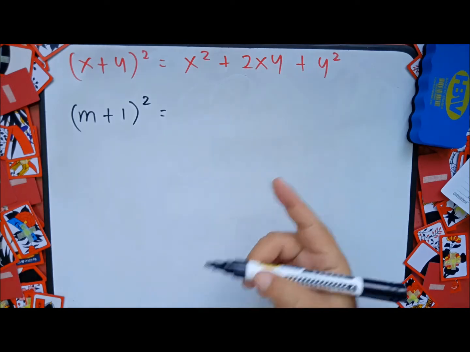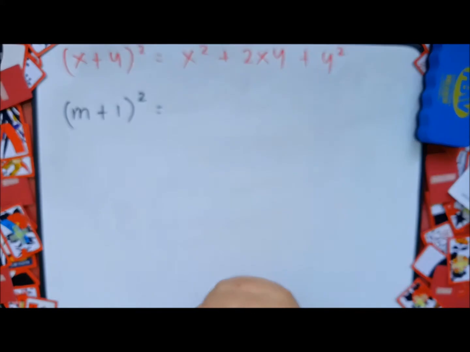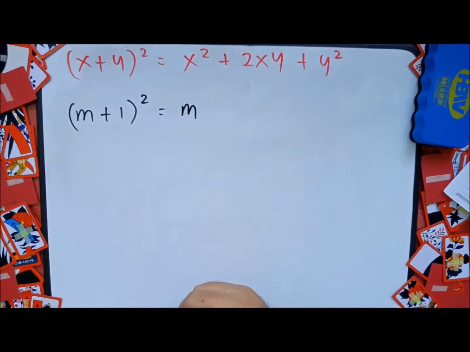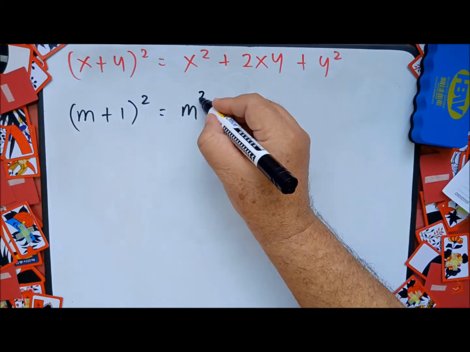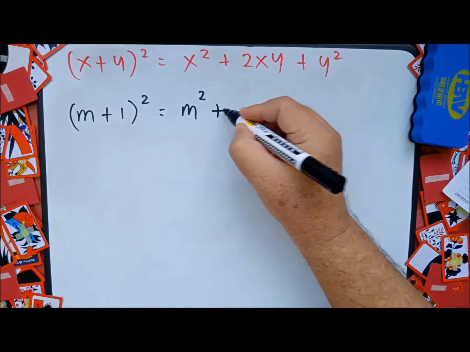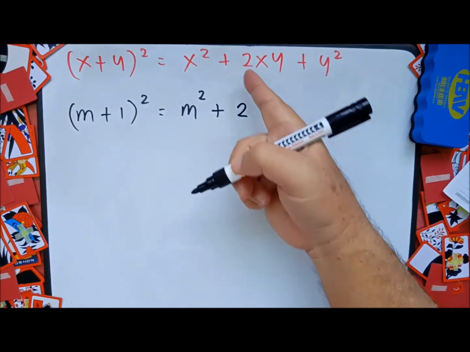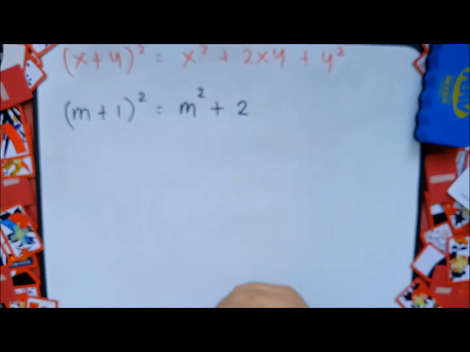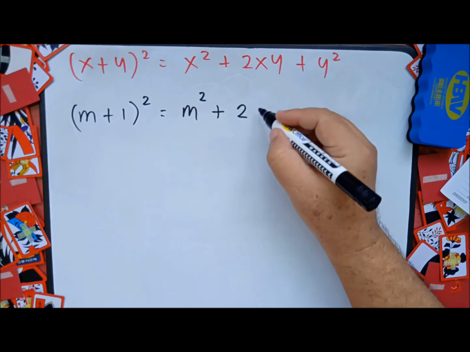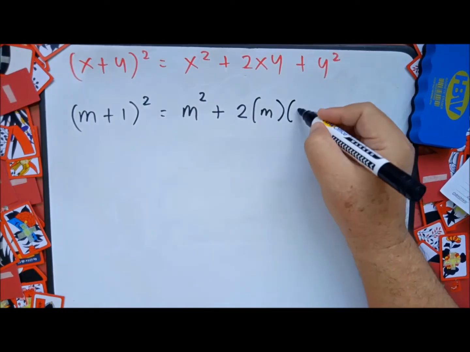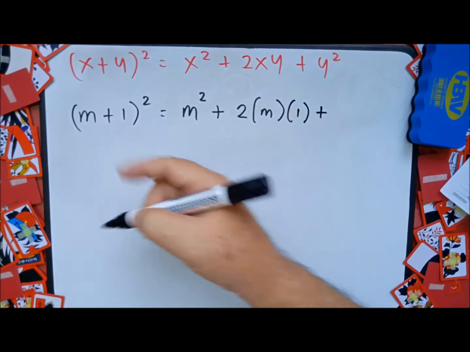But you just go directly to this pattern. What is your x? m. You have to square it because your pattern is square. Plus 2, remember, 2 is a constant there in your pattern. What is your x? Again, m. What is your y? 1. Again, what is your y? 1.